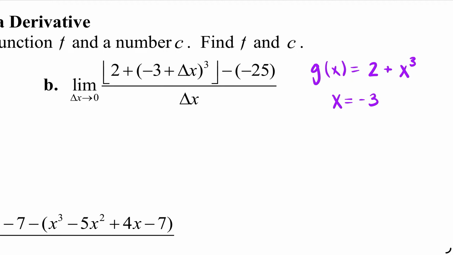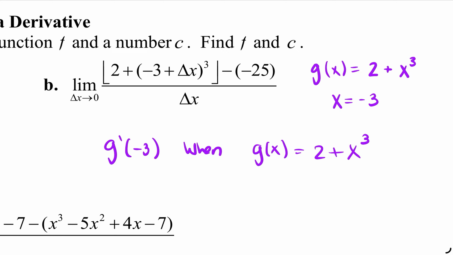Let's double check. So if I do negative 3 to the third power, that is negative 27, and negative 27 plus 2 is negative 25. So I definitely did that right. So the question here was, find g prime of negative 3 when g of x equals 2 plus x cubed.